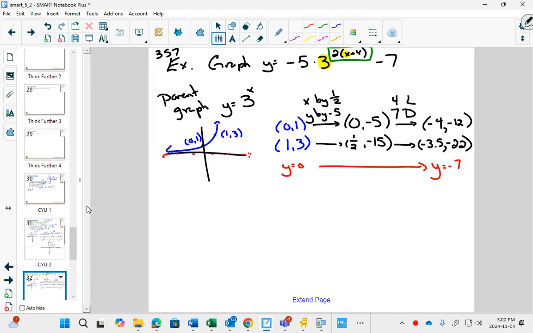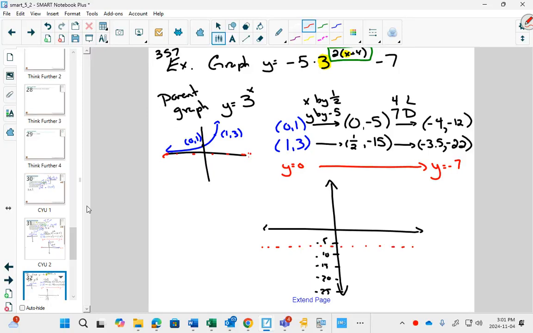So now, if I go to graph this, this time I don't know if I'm going to do the little ticky marks, because I'm going to have to go all the way down. Are you okay with going down by 5s, so you don't have to do quite as many? Our asymptote is at negative 7.